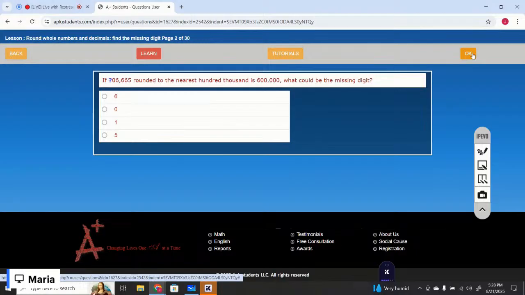The missing digit must be 6 because you need to round to the 100,000. It must be 6. The missing digit is 6.